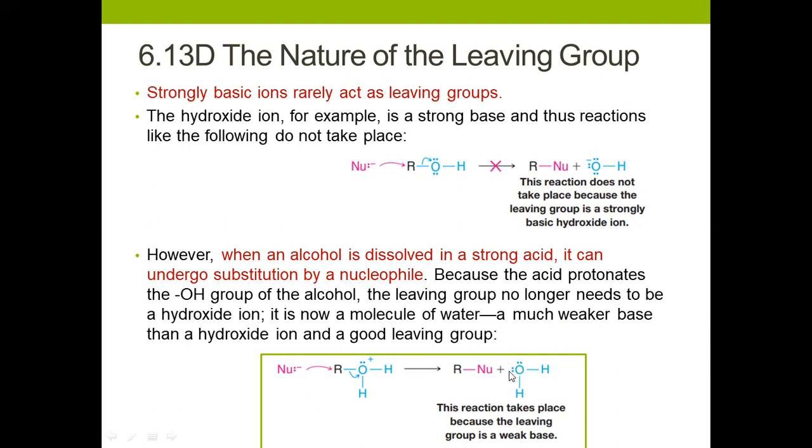It becomes a good leaving group when protonated, because when it leaves, it forms a neutral molecule, water, and it is easy for the nucleophile to attack the substrate. So there is a big difference: OH-, being a strong base, cannot easily leave the substrate unless it is protonated. This is the statement that strongly basic ions rarely act as a leaving group.